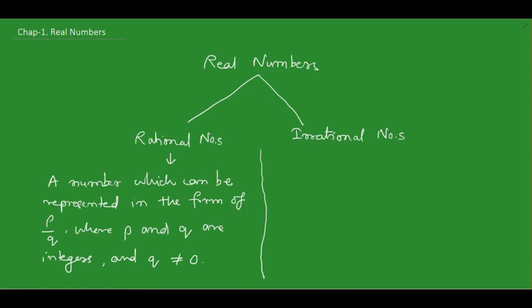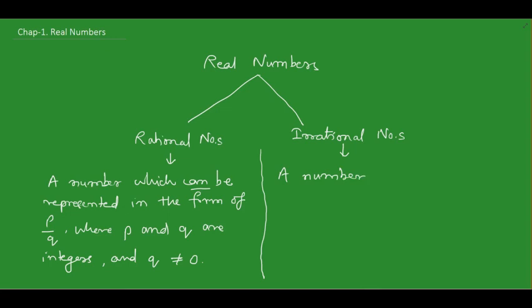On the basis of the definition of rational numbers, we can define irrational numbers. You have to simply change can to can't. Okay, so what will be the definition?